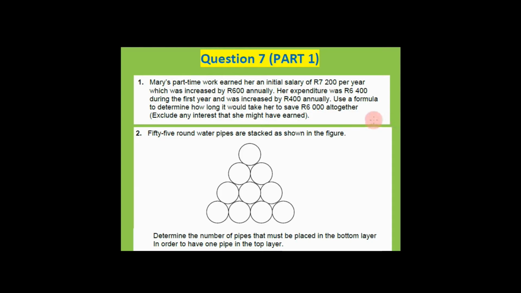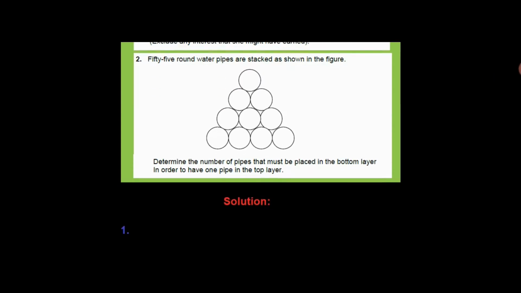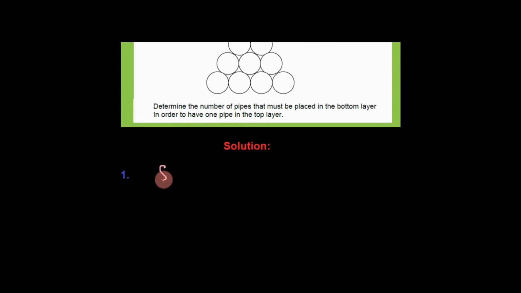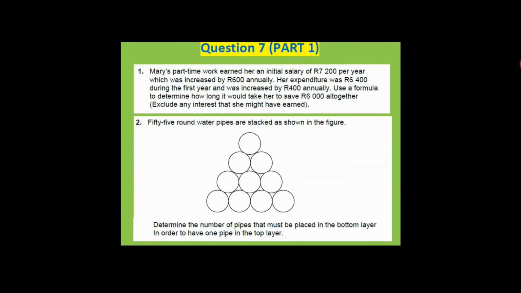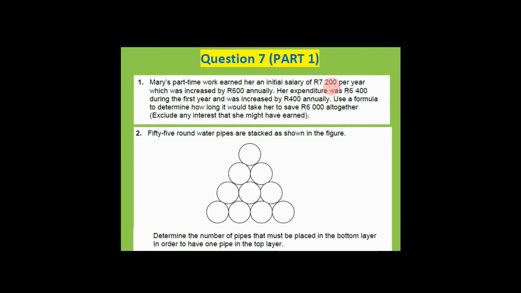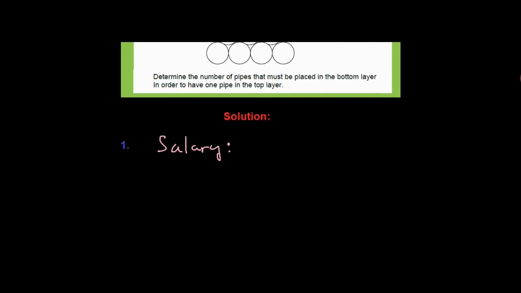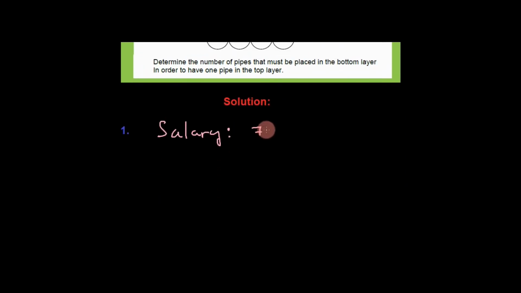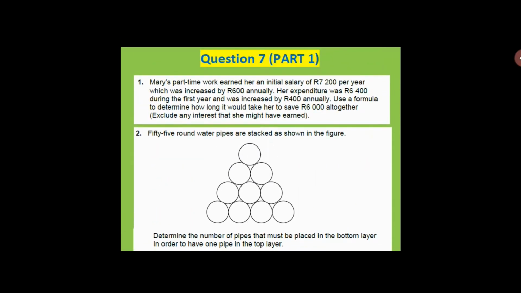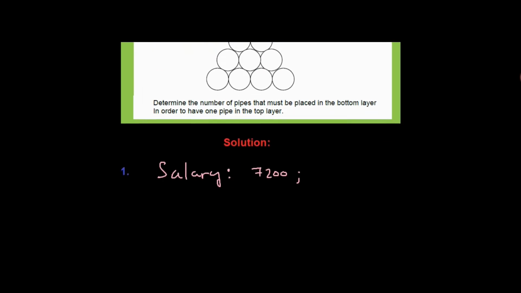We can start by setting up sequences for Mary's salary as well as for her expenditure. Let's start with the salary. Her initial salary was 7,200 Rand per annum, and it was increased by 600 Rand annually. So 7,200, and it says it increases by 600 Rand.